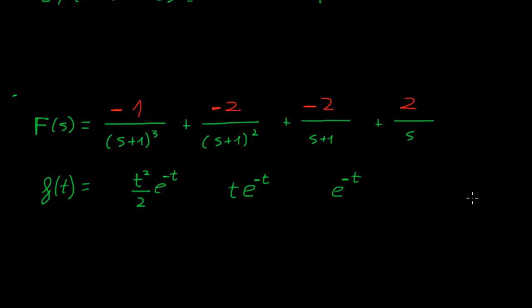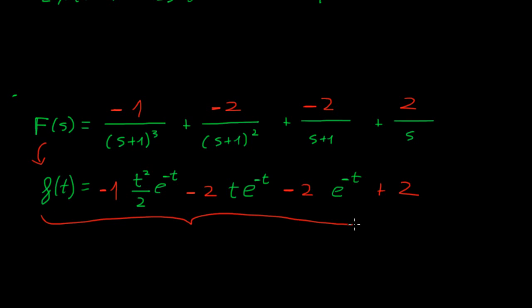And as a consequence, the inverse Laplace transform of f of s is -1 times t squared over 2 times e to the minus t, minus 2 times t e to the minus t, minus 2 times e to the minus t, plus 2. And that is the result of the problem we wanted to solve.